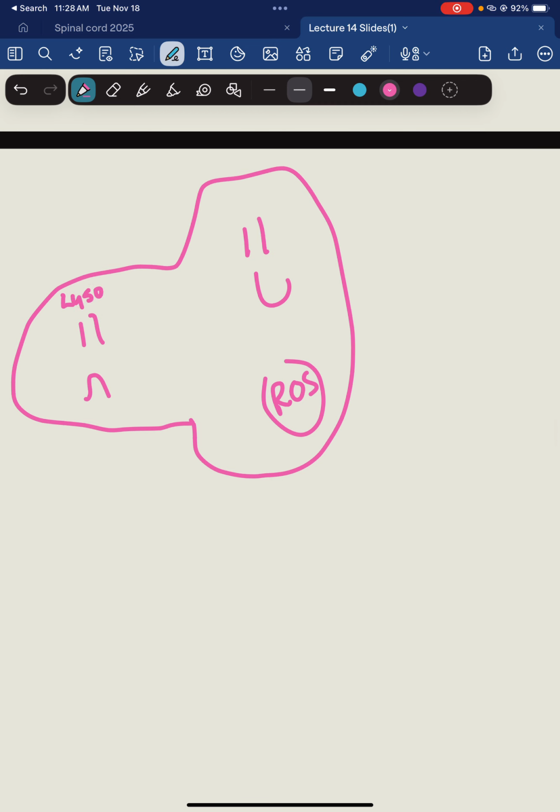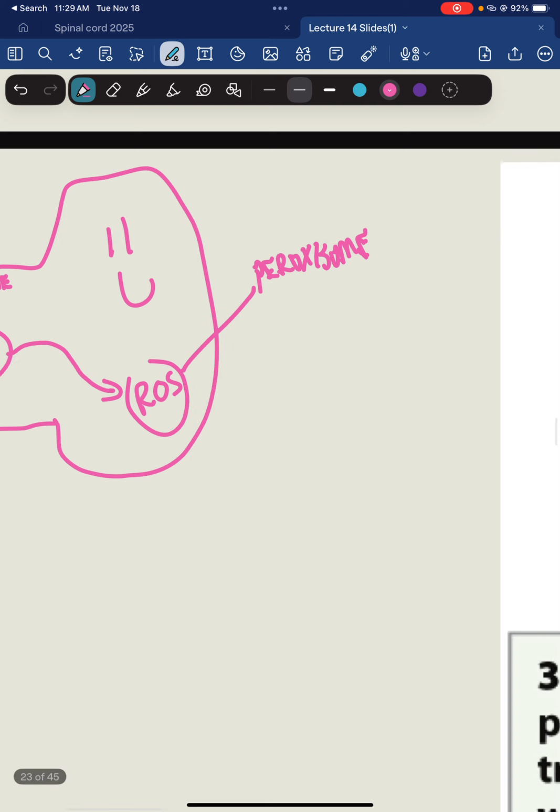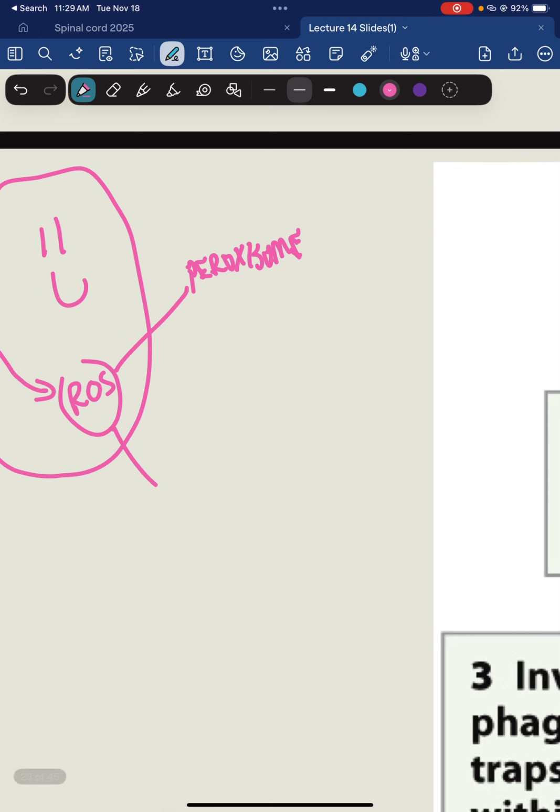So now our result is the bacteria cell is exposed to all of this ROS. And the fusion is often called a phagolysosome, which is the fusion. All of this ROS will essentially break down, kill that cell, break it down into lots of little bitty pieces. And then all of those pieces get ejected out.